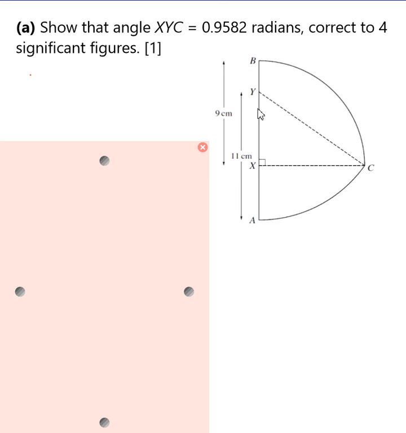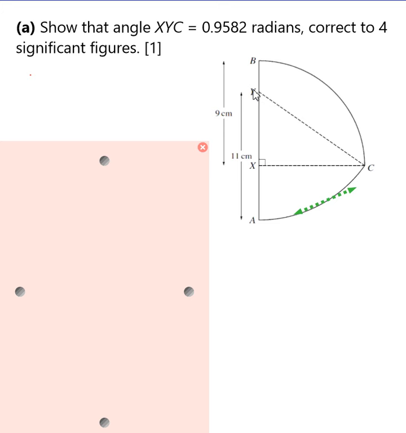Now what comes to your mind straight away? I'm giving you a few seconds to think about how you will find this angle with the information given to you. I have already explained, this is 9. It's not written here, but because this is the center of the circle with arc BC, this is a radius. So this is 9. And what else do you know here? Just a minute, let me take another pen.